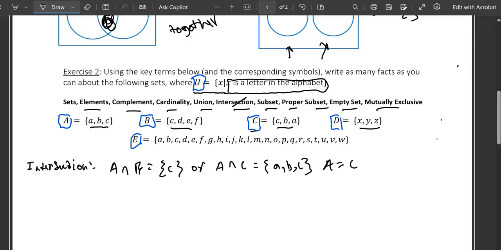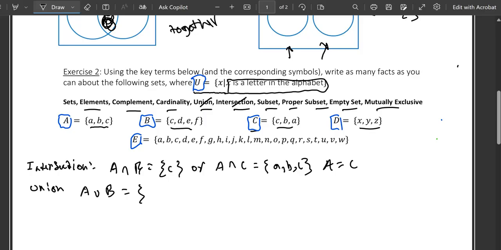How about union? Union is the next one we'll knock off. How about if I say the set A union with the set B? Remember, it's all the elements in A, all the elements in B, and all the elements they share in common.